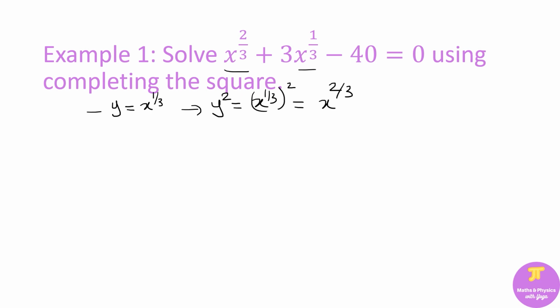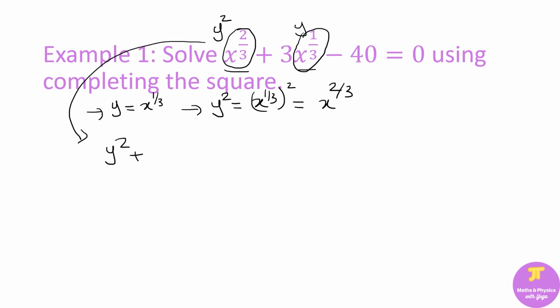So because of this substitution, we can convert this into y squared, and as you know, this is our y. So this question will become y squared plus 3y minus 40 equals 0.